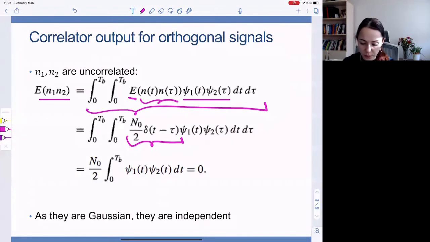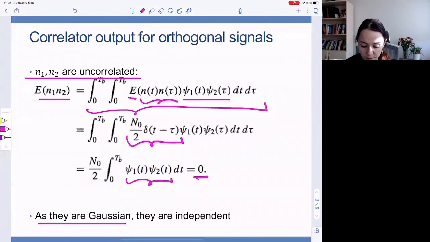And because of the shifting property of the delta function, we end up getting rid of one of the integrals. And since phi1 and phi2 are orthogonal, the result is 0. Okay, now N1 and N2 thus are uncorrelated. As they're also Gaussian, they are independent.